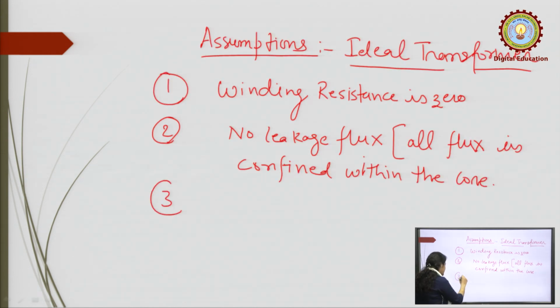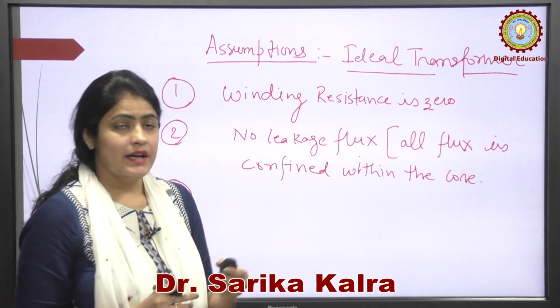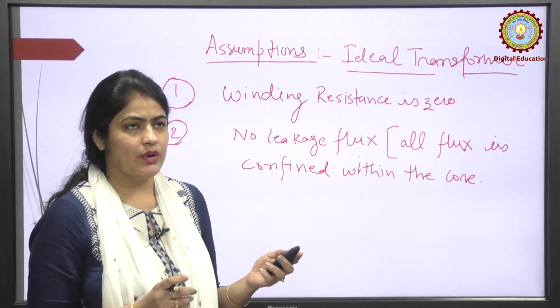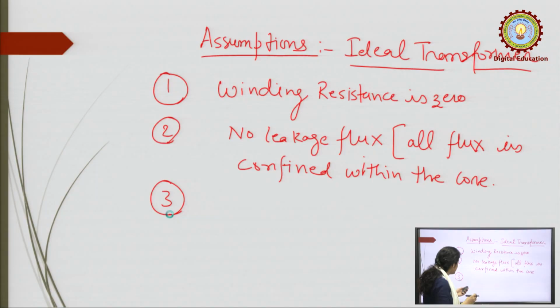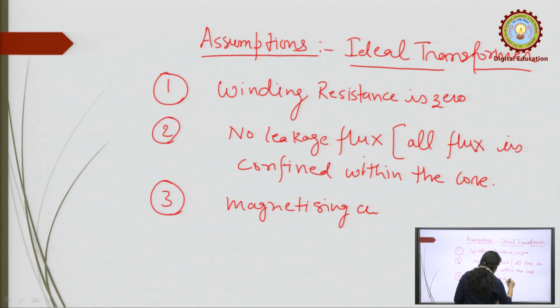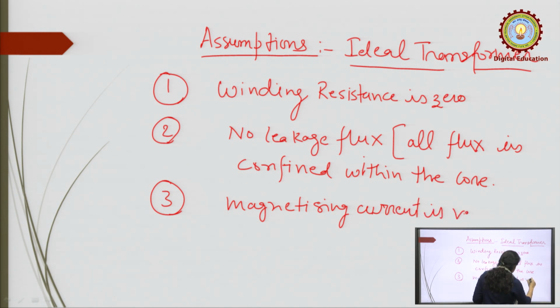The third assumption I have taken is that the magnetizing current is very small. That means you have taken a very good material, so that the magnetizing current is very small, or you can say it is vanishingly small, or tends to 0.